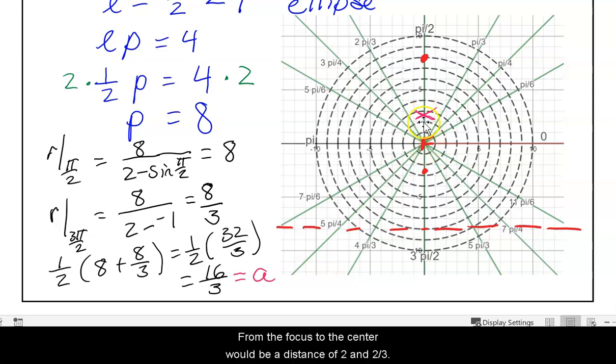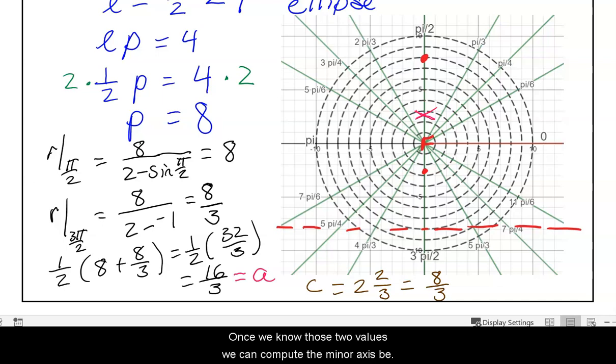From the focus to the center would be a distance of 2 2/3. That means that the value of C is equal to 2 2/3, or if you want to write it in terms of an improper fraction, 8/3.